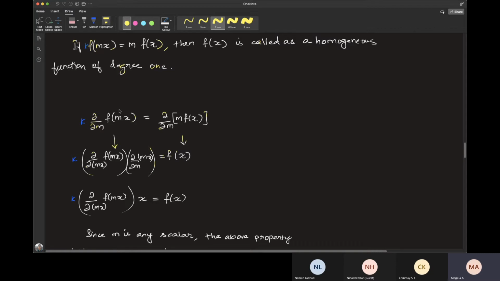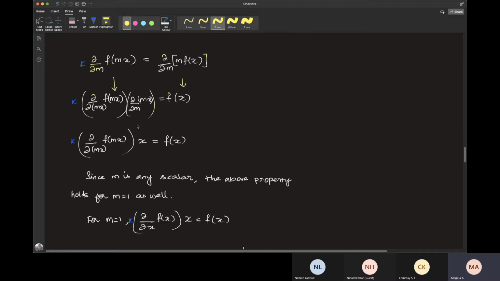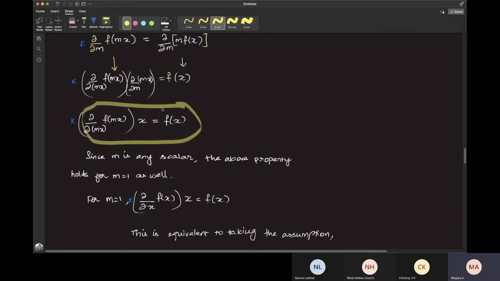So first let us differentiate f with respect to mx, and then differentiate mx with respect to m. This is just the chain rule. Usually we have the habit of writing mx as some other variable w, then differentiating f with respect to that variable, and that new variable with respect to m. This is the same chain rule that we regularly do. So this is what we get, and dou by dou m of mx will give us x. So we have this expression.